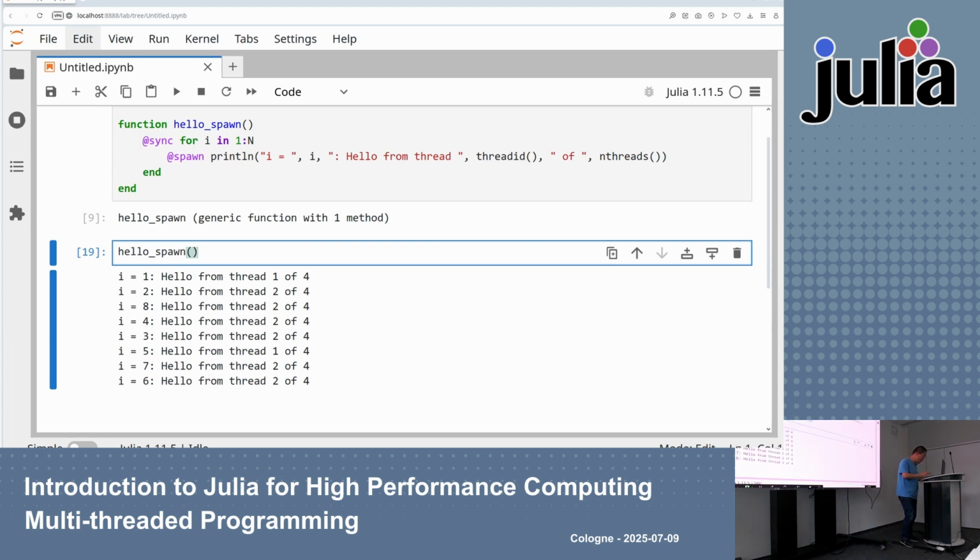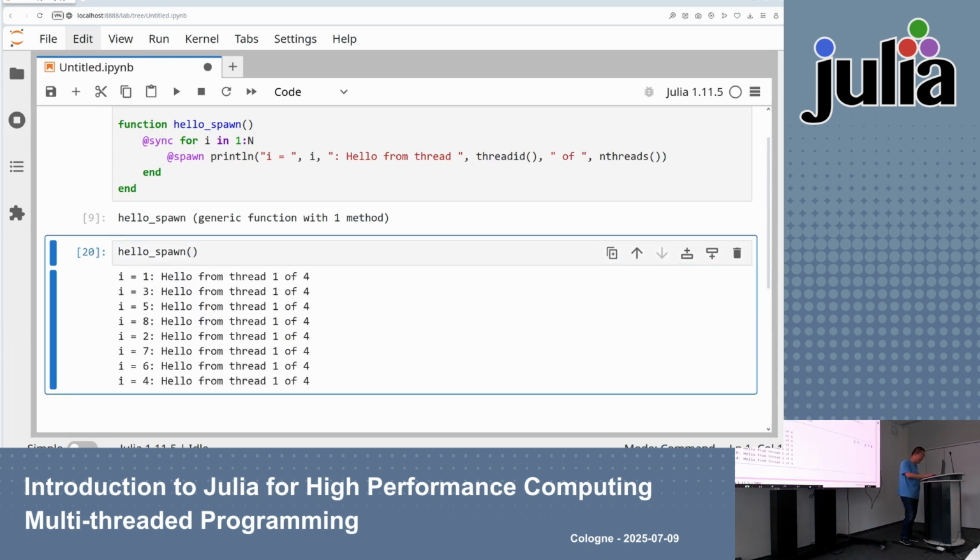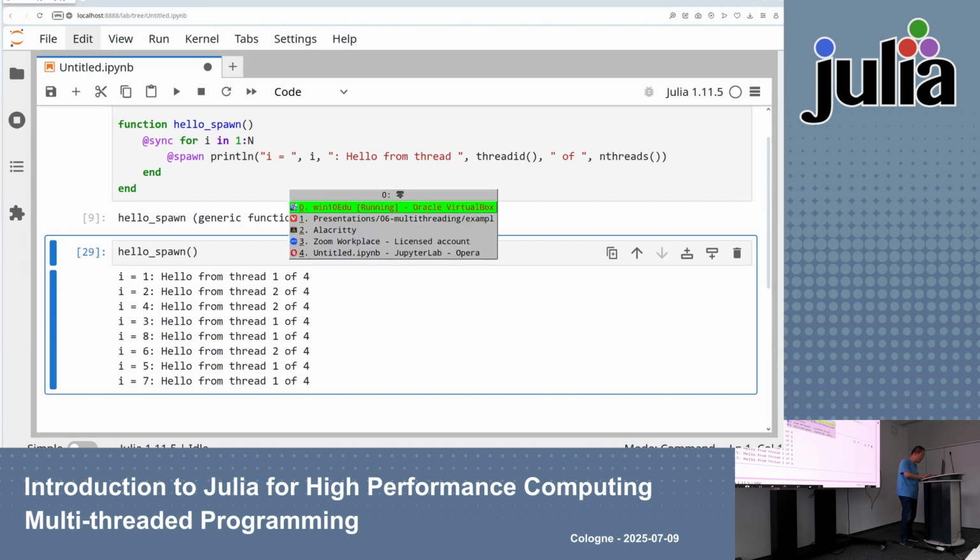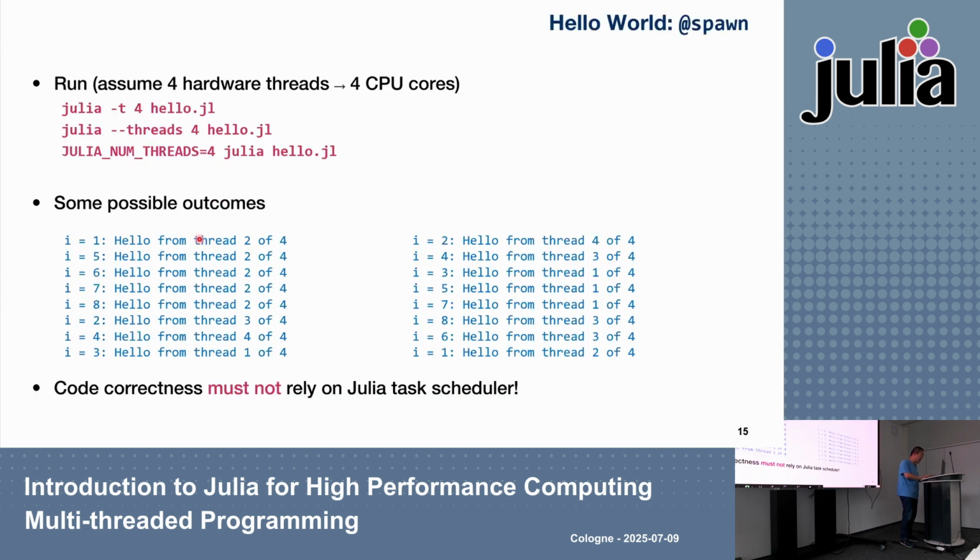But if you execute this again, you see this changes. It's not definite. The results are not really determined. But the most important part is the code correctness must not rely on this dynamic scheduling. Yeah, this is the most challenging part.